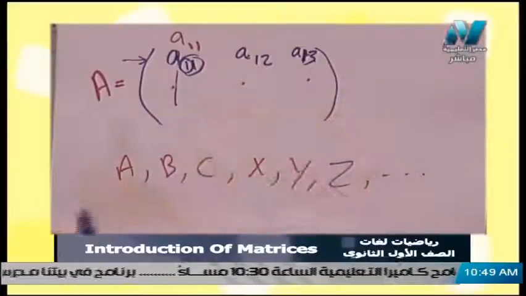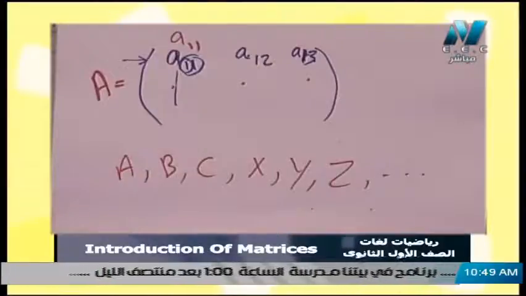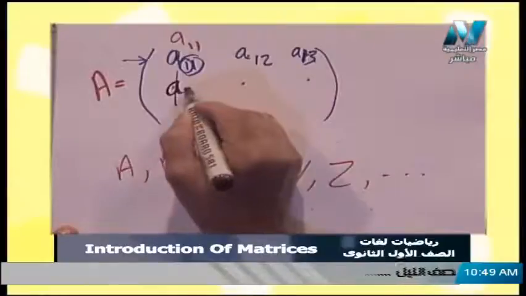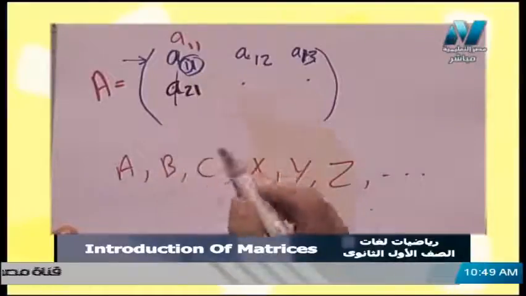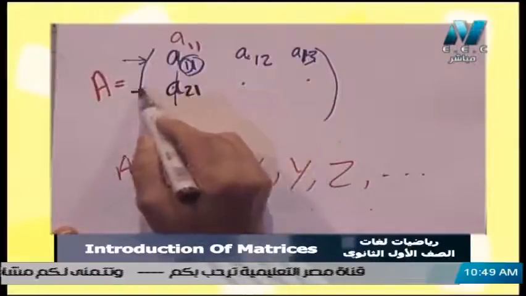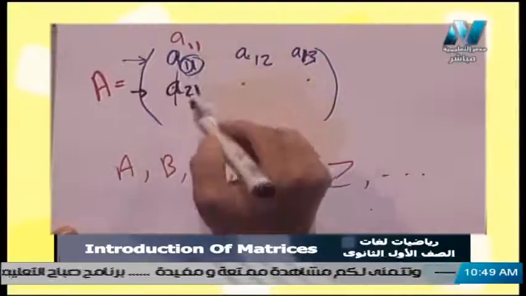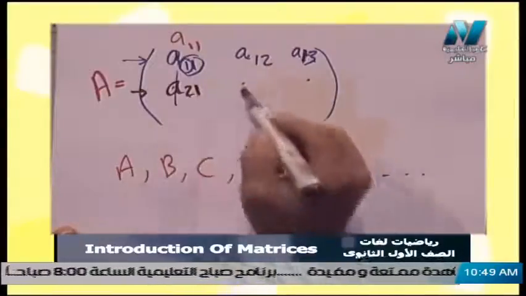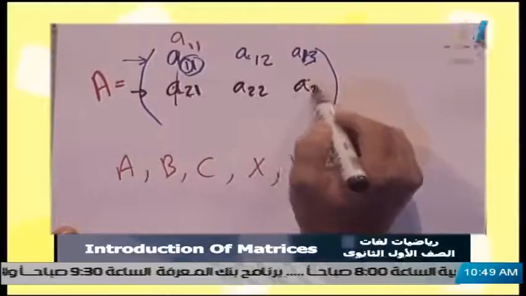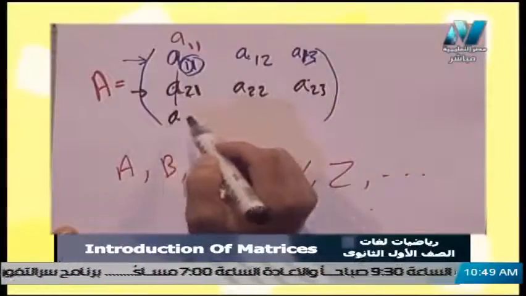Okay, now you can complete with me. We have this element here. We can write it A21. Yes, A21 because we have second row here, the row number 2, and first column here, the column number 1. And this is A22, A23, and if we write here, we will write what?